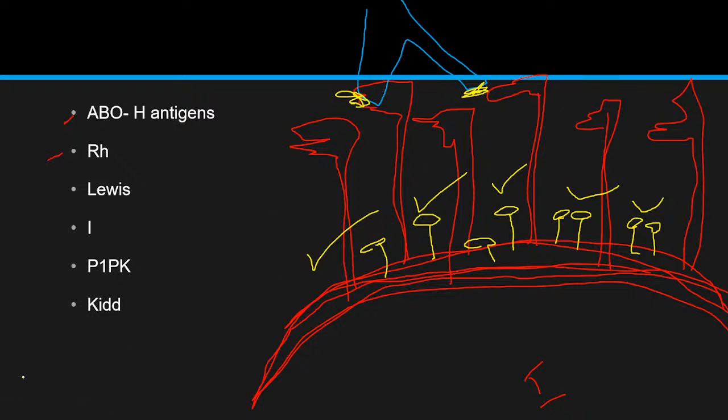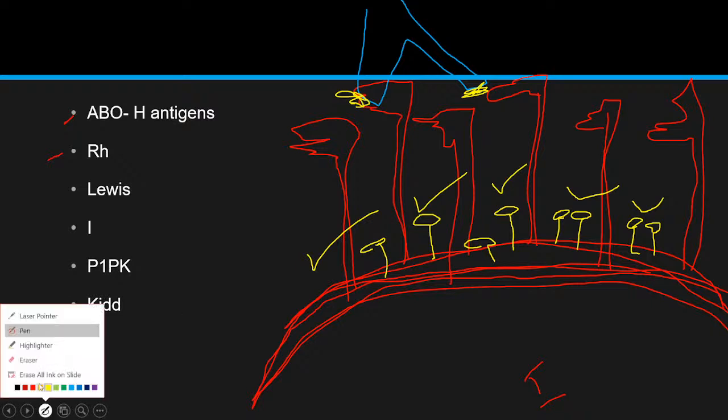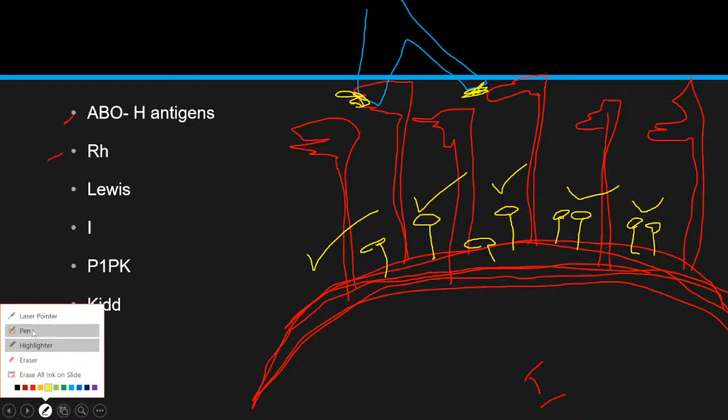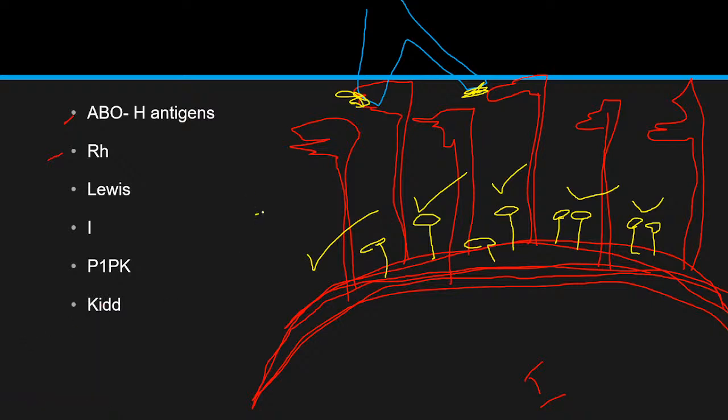So one thing that we need to do is we use enzymes. And what an enzyme does is it enhances the reaction of the ones at the bottom by cleaving the larger molecules of other blood groups.